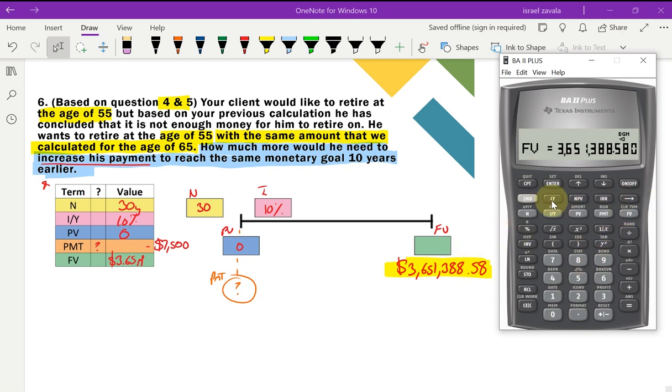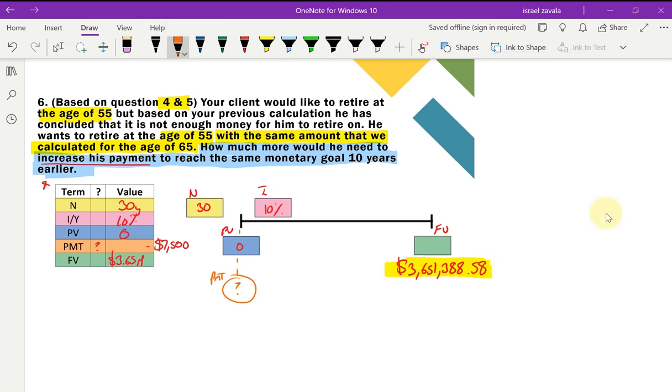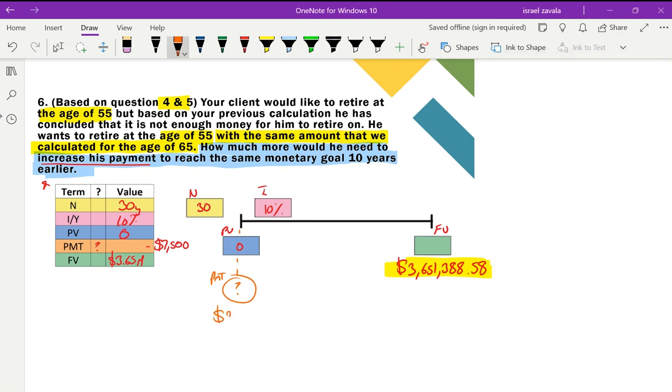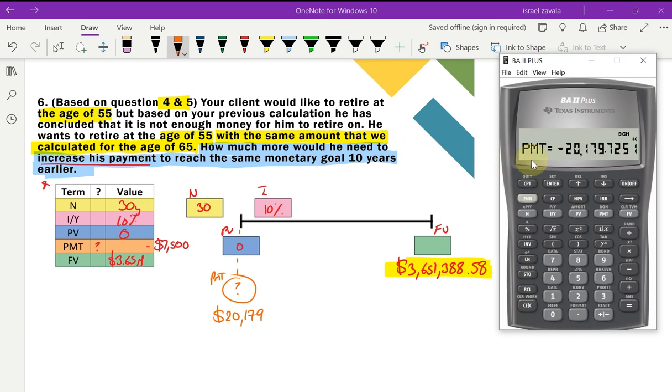That's a positive future value, so we're going to compute the payment. Wow, look at that. $20,179. What are the cents?